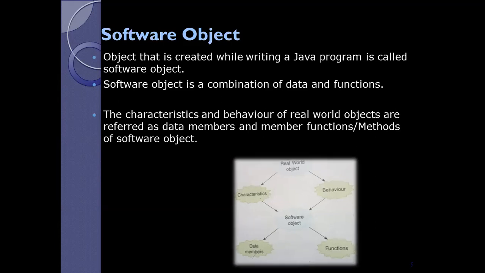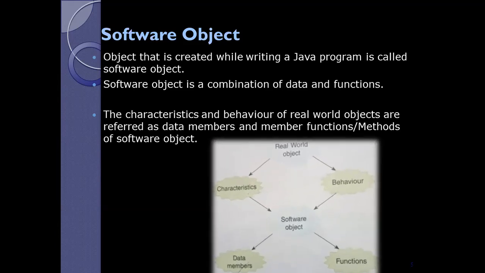Now, in the figure, you can see that in a real world object we have characteristics and behavior, whereas in a software object we have data members and functions. The difference between both is that characteristics of a real world object become data members of a software object, whereas behavior of a real world object becomes functions of a software object.